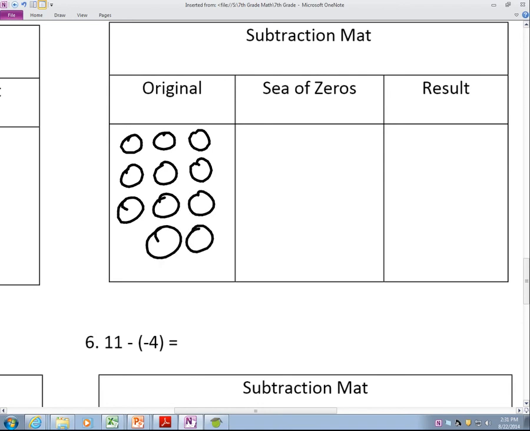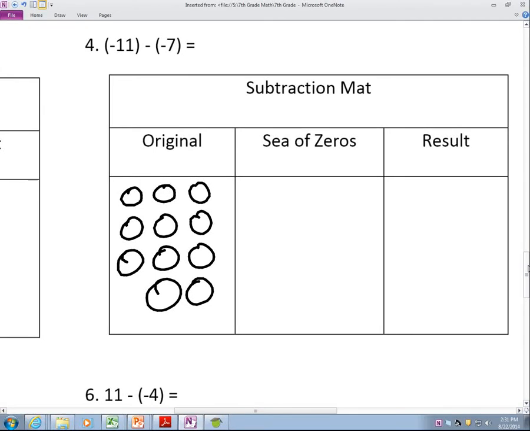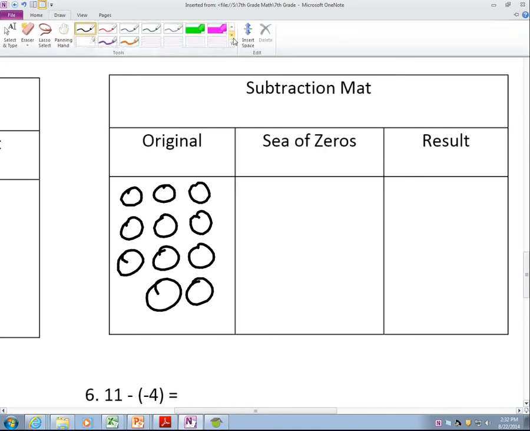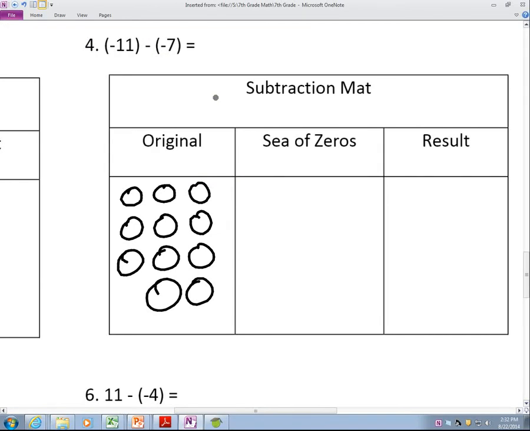And then in our sea of zeros, how many should we go with in our sea of zeros with which to work? 7? I'm going to agree with you. 7. Let's do 7 zeros. 1, 2, 3, 4, 5, 6, 7.